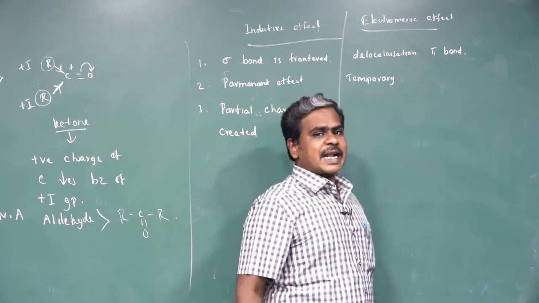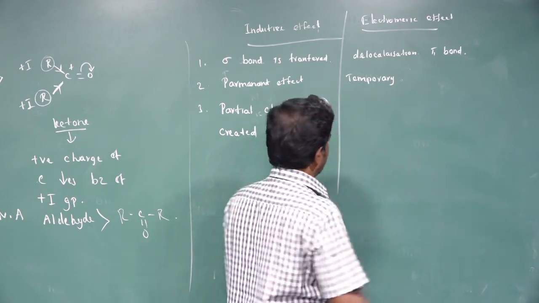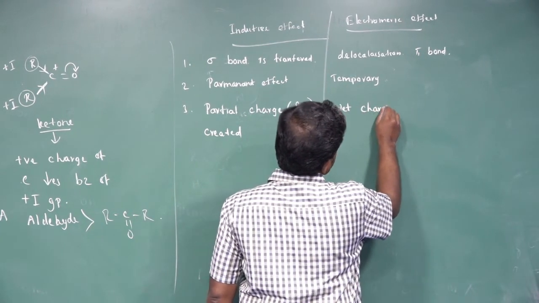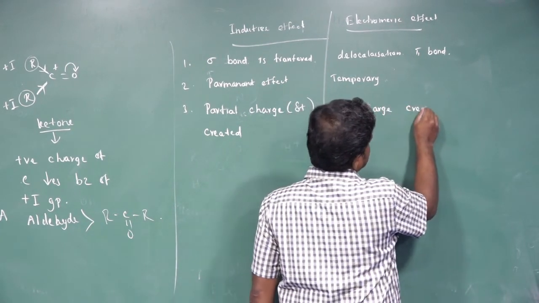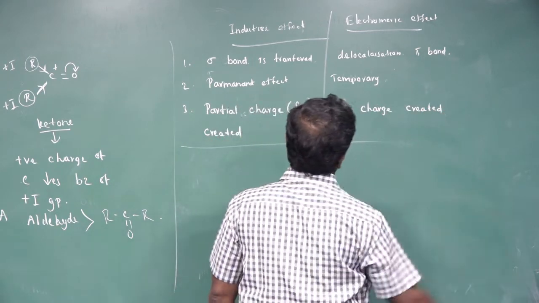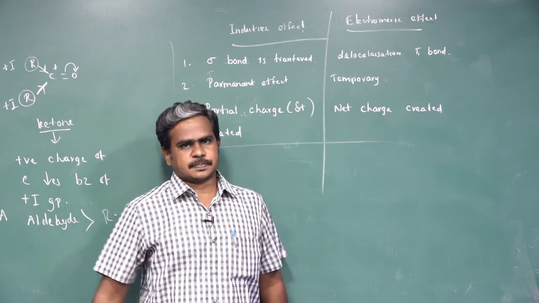But here, with the transfer of pi electrons or delocalization of pi electrons, there is a net charge. So a net charge is created. So these are the differences between the inductive effect and the electromeric effect.